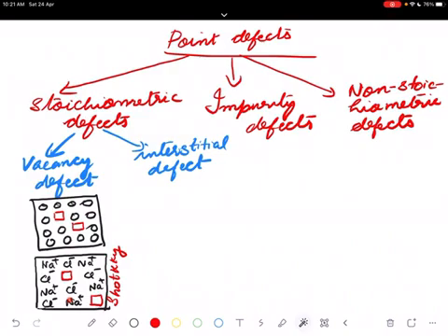Now, let's move to the interstitial defect. Interstitial, that word comes from interstices. Interstices means gaps. Here, when some of the constituent particles, ions, occupy the interstitial sites, I'm making an interstitial defect.